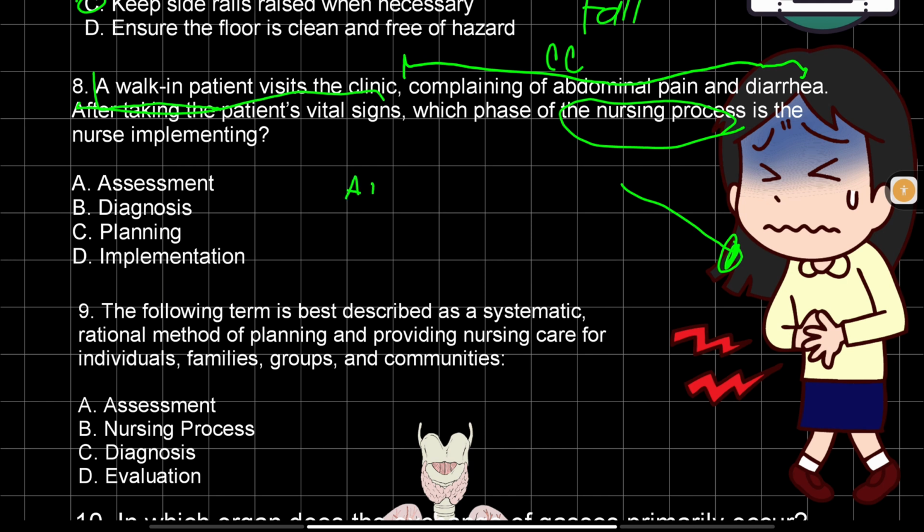Assessment, diagnosis, planning, implementation, evaluation. Okay? Alright. So, alin ka dito? Which phase of nursing process is the nurse implementing? Saan ka daw nag-i-intervene, nag-provide ng nursing action?